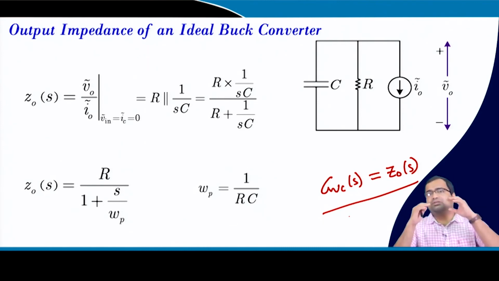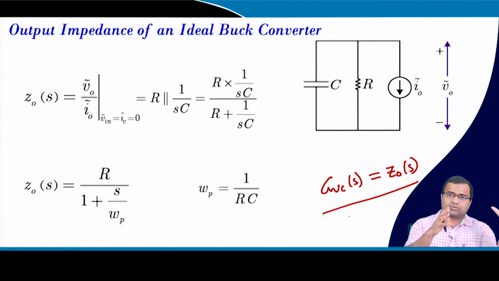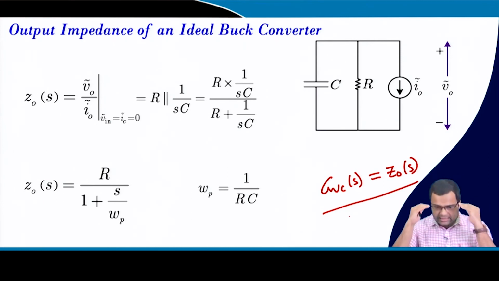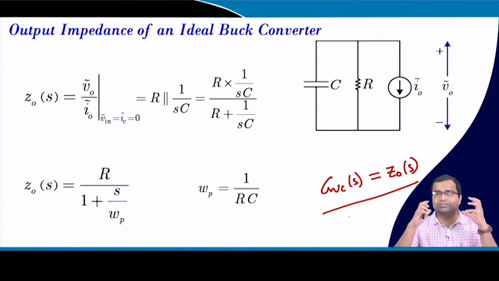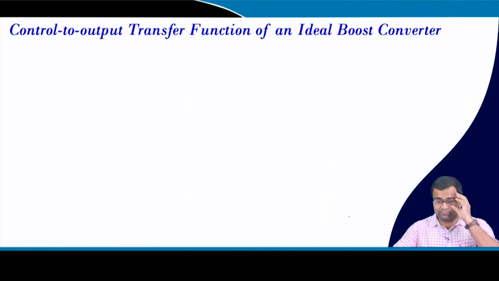We know from the voltage source concept that we discussed in lecture number 13 that if you have an output impedance which is load dependent, then you have a real problem, because the regulation will be severely affected. We can improve the load regulation by closing the outer loop and putting an integrator, but still the response will be very slow, because the loop gain will also depend on the load resistance.